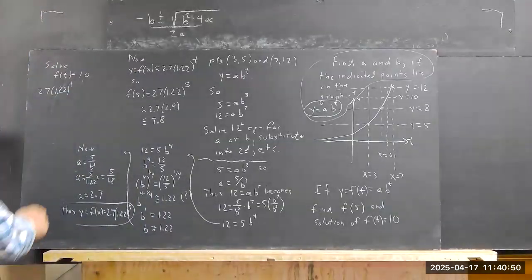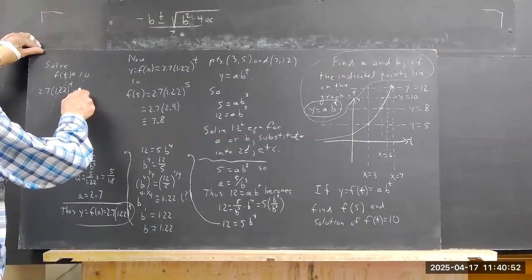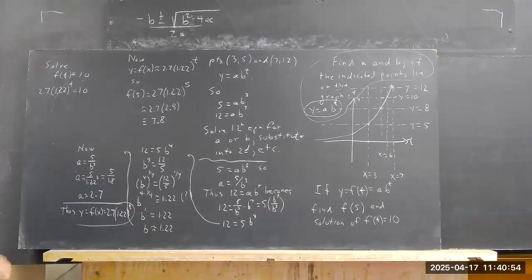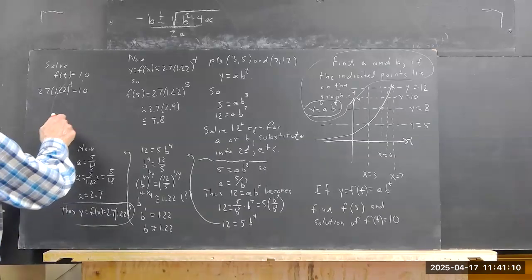Okay, so we have 2.7 times 1.22 to the t equals 10. Well, 2.5 into 10 is 4. 3 into 10 is 3 1/3. So between 3 1/3 and 4, maybe a little closer to the 4, we get maybe 3.7.